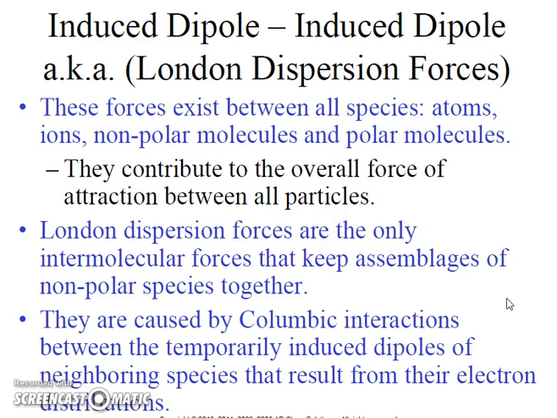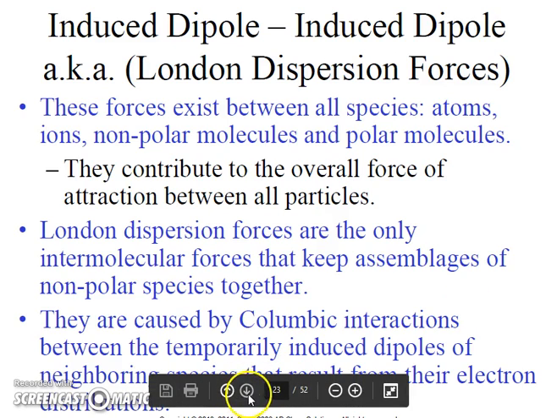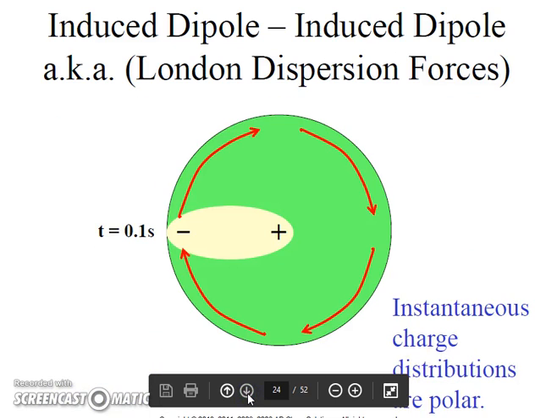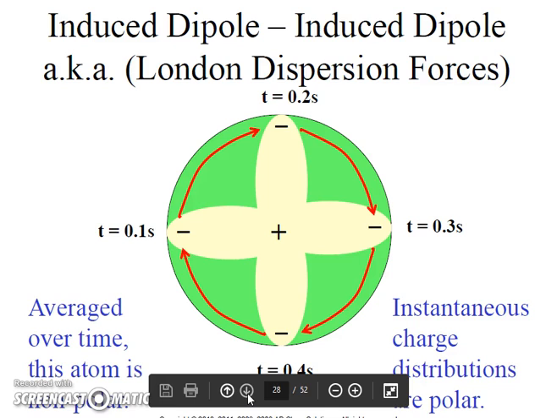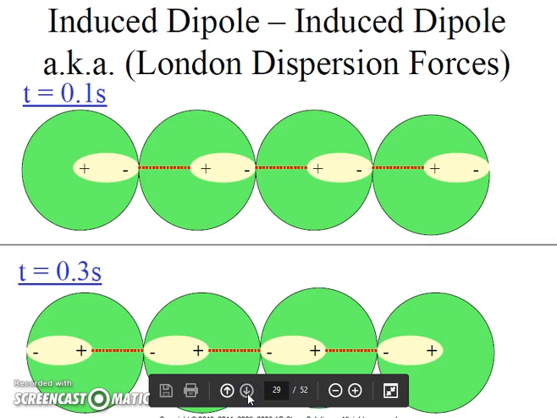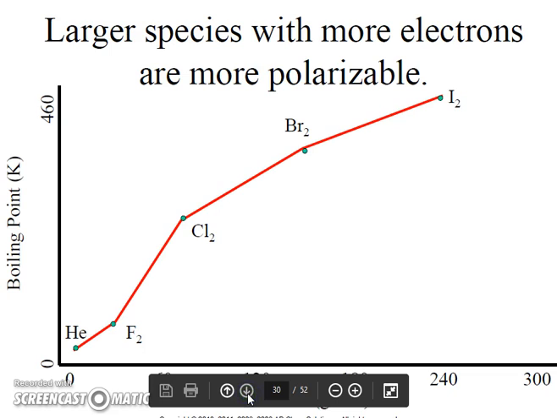So the next couple of slides are trying to show you that at 1 second it's this way, the next second it's there. Those instantaneous changes may give it that polarity at any second. So, big phrase to remember.